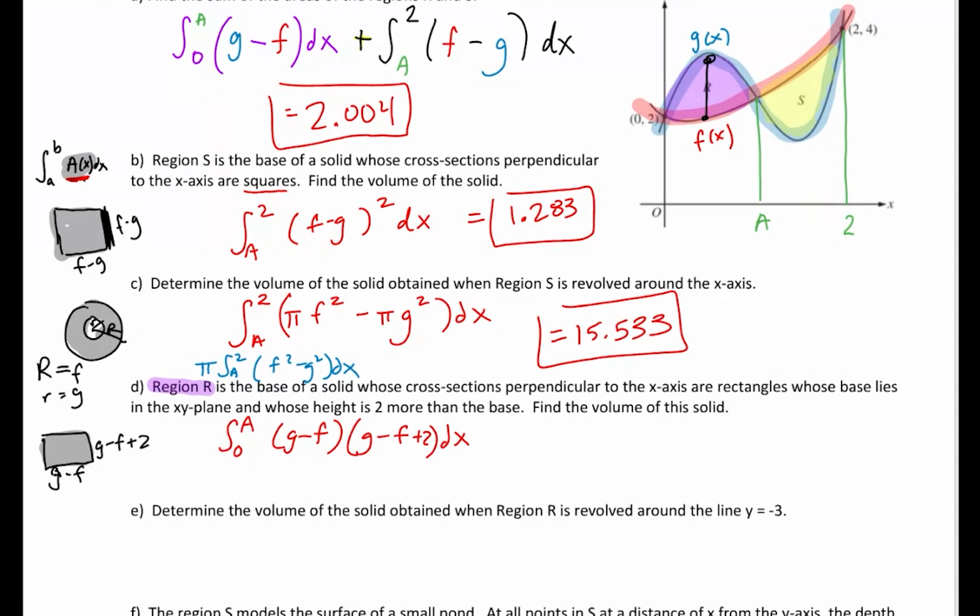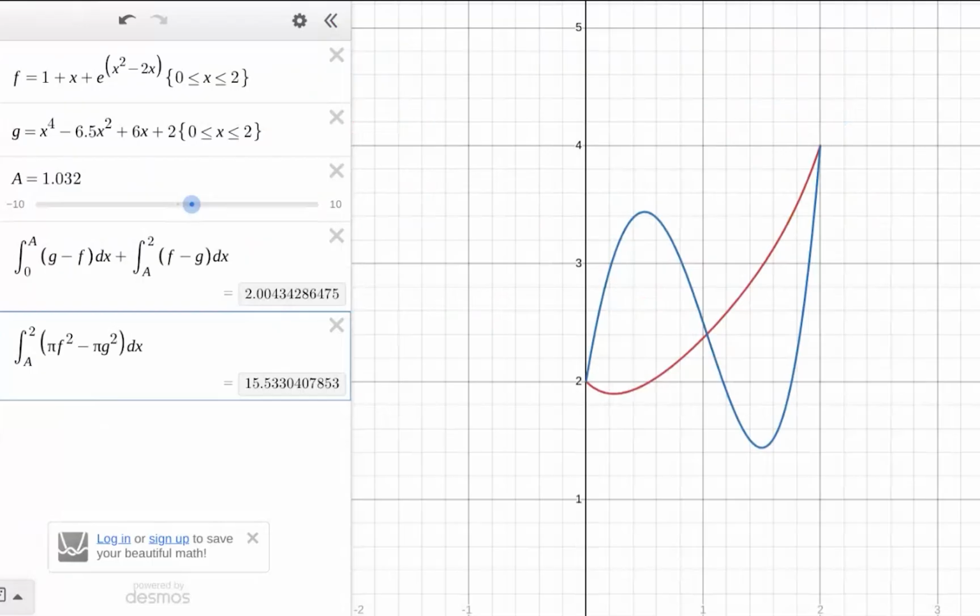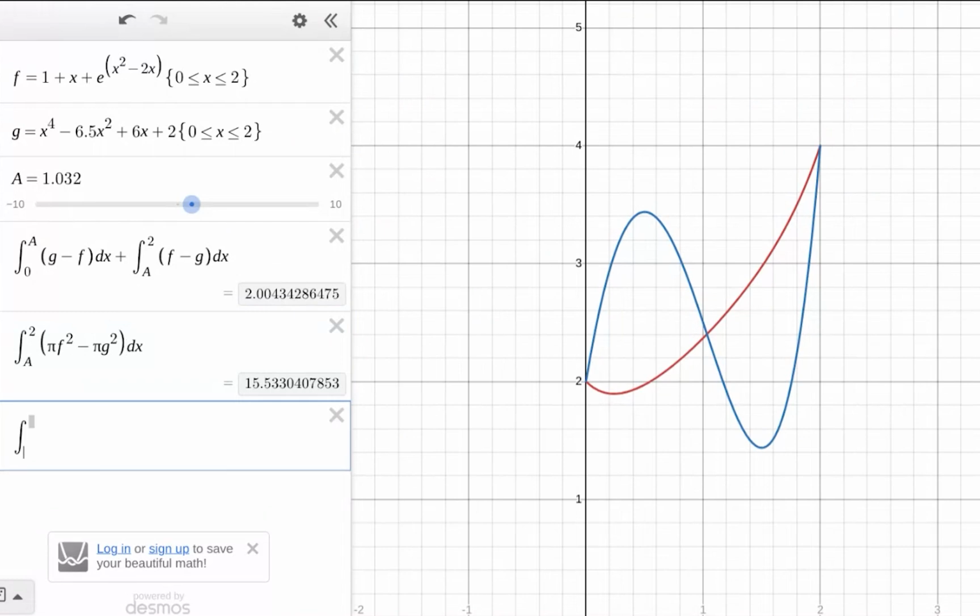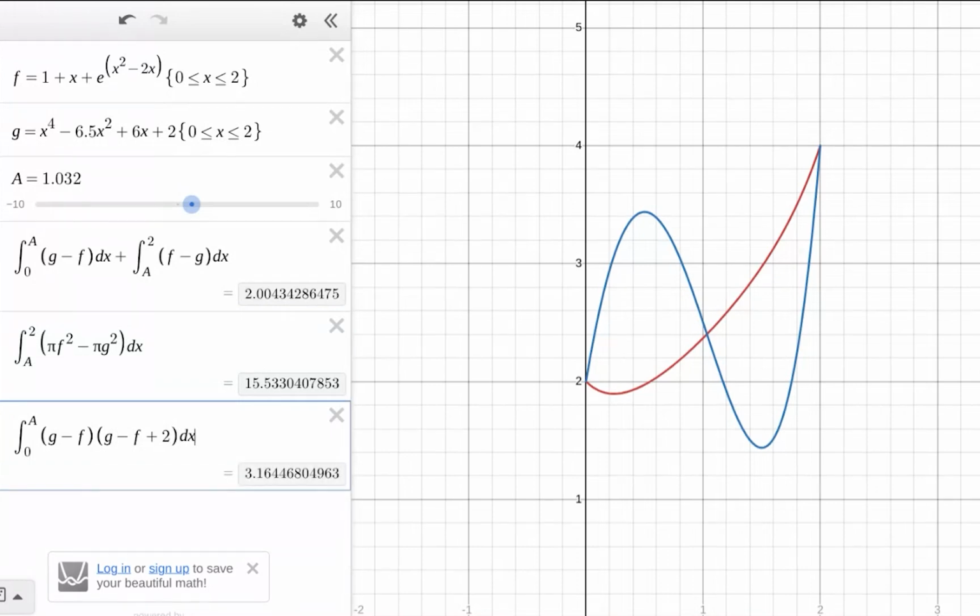And this is something I'm going to type into Desmos. So I'm going to start a new one here. Go from 0 to a, with g minus f as the base, and then the height would be g minus f plus 2, dx. I get 3.164.